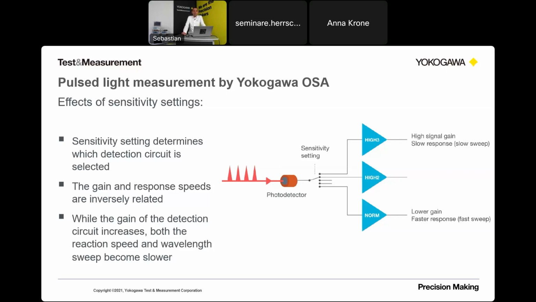If you want to make faster measurements, you need to select an amplification circuit with a lower gain, which then enables faster measurement speeds.